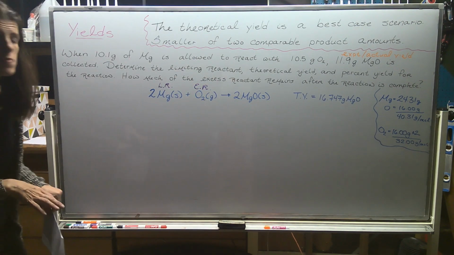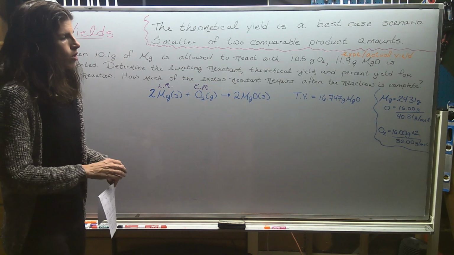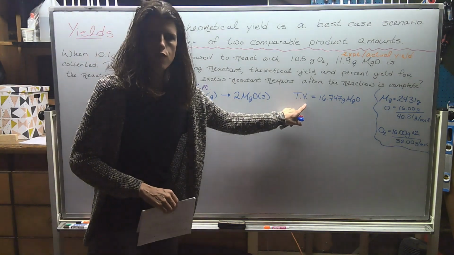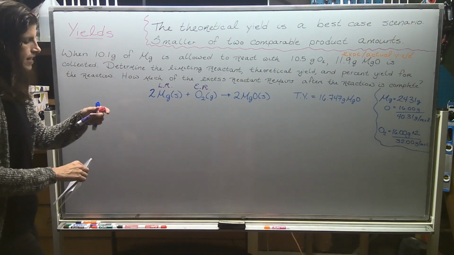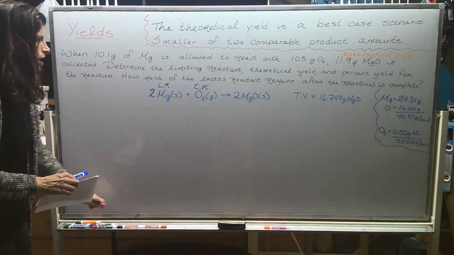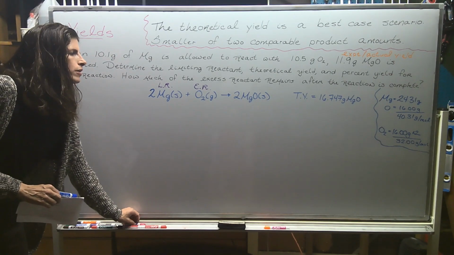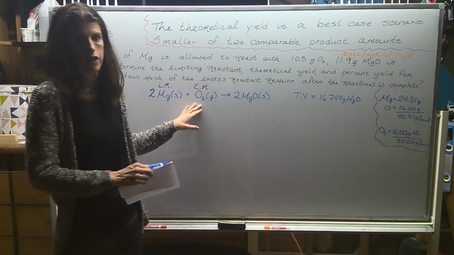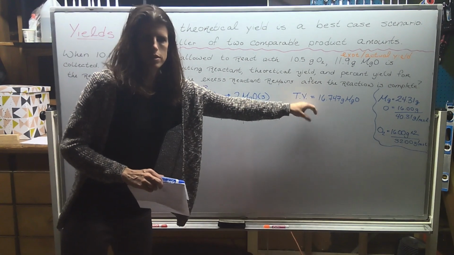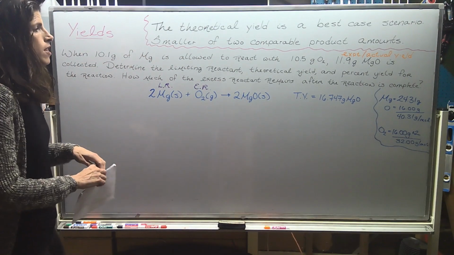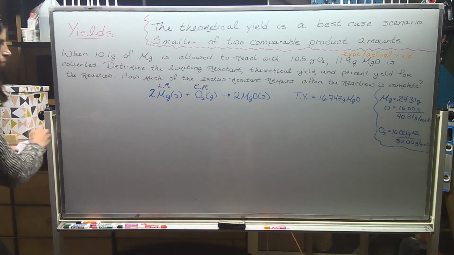So I just cleared some space here so we could finish our problem. This is the theoretical yield that we determined earlier. Remember, we're going to take that theoretical yield and figure out how much of the excess reactant did we actually need to make 16.747 grams of the magnesium oxide.